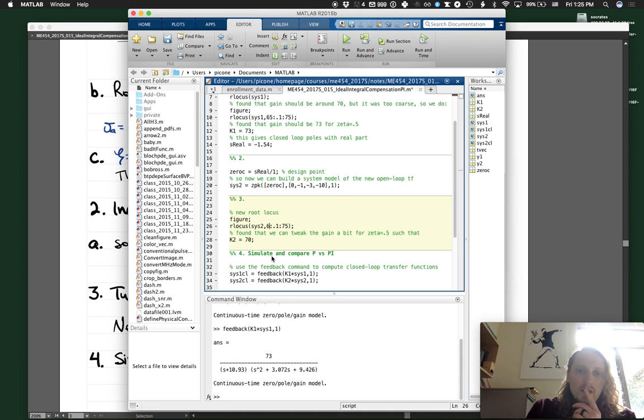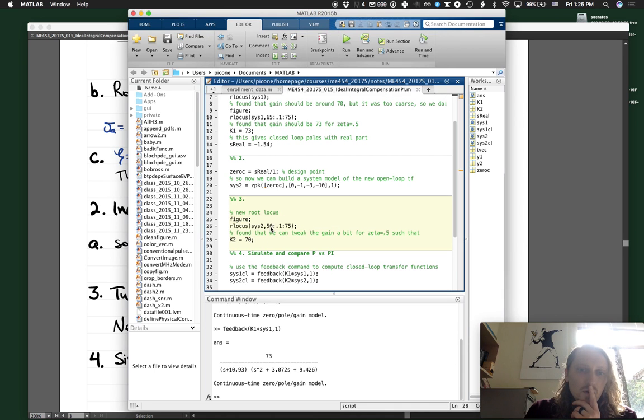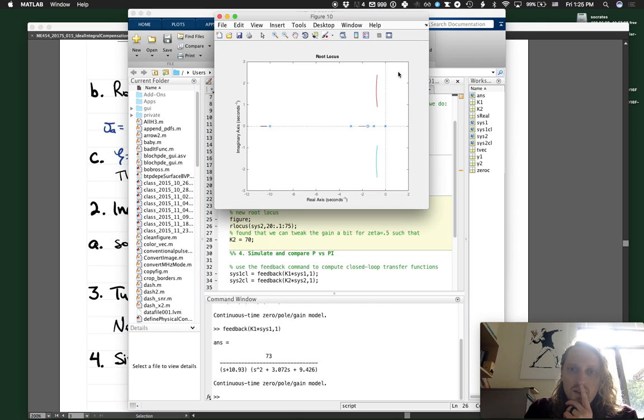So let's go down to like 50. And see if we can. So that's still not there. So we need to go down even more. Let's go down to like 20.